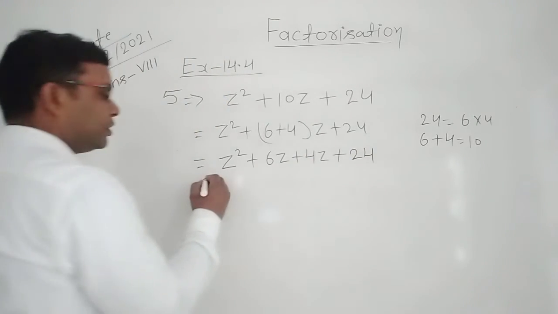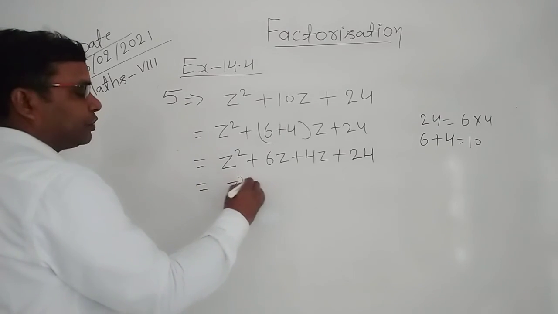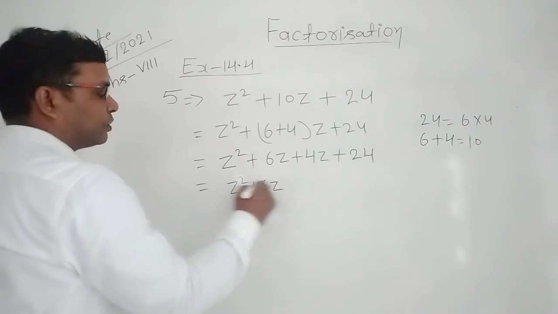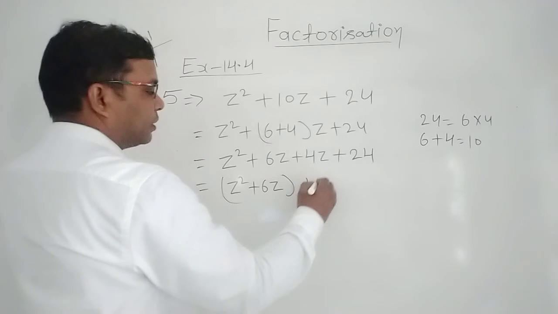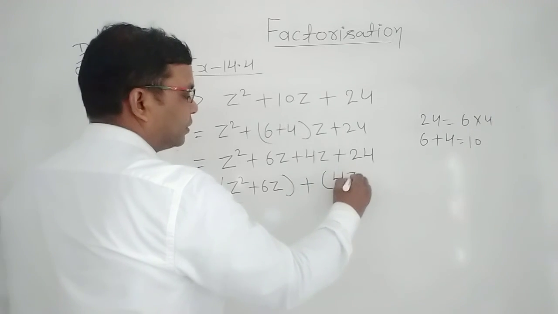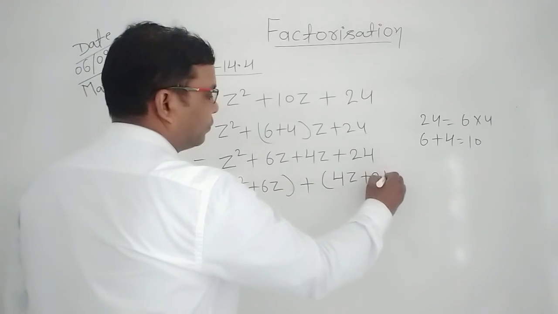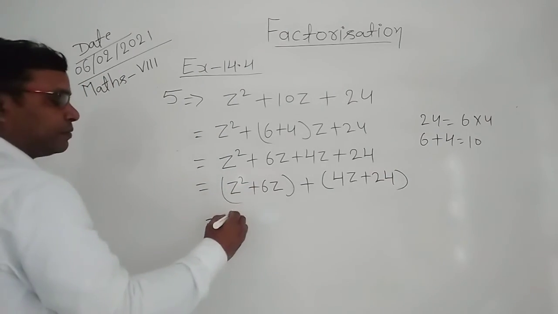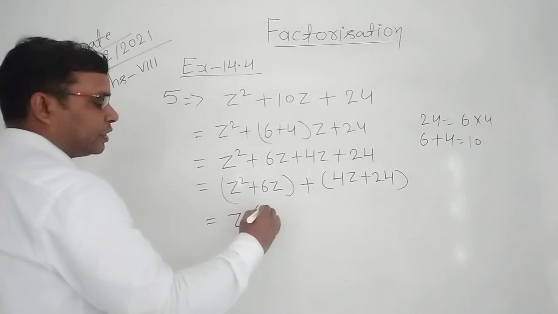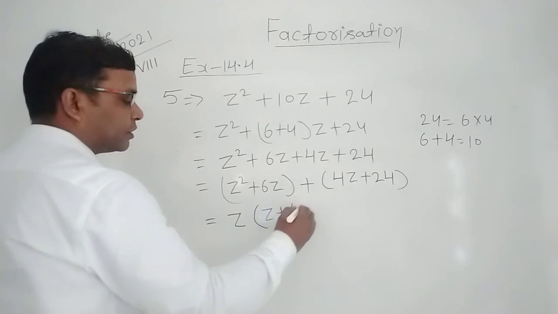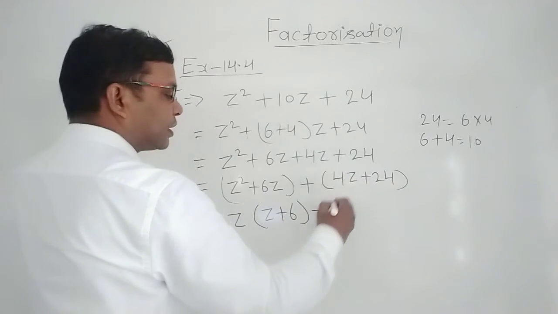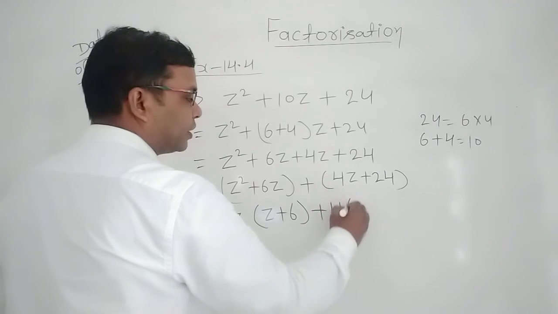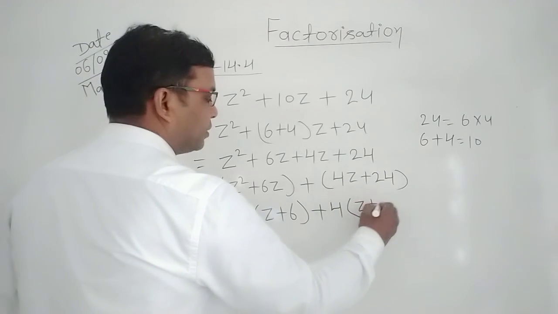Clear? After this we group it. So z square plus 6z is the first group, plus 4z plus 24 is the second group. So here you can take common z and then we get z plus 6. Now here you can take common 4, then you get again z plus 6.